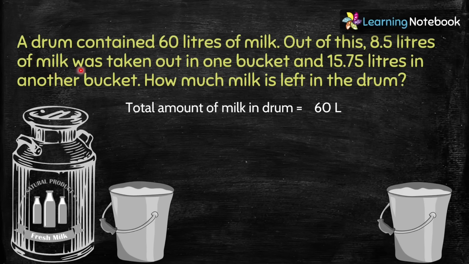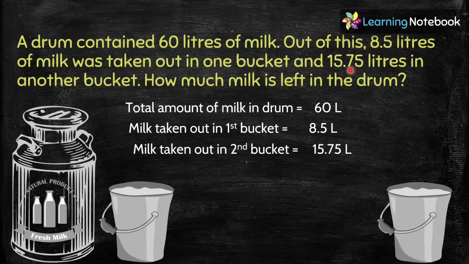Then milk taken out in first bucket equals 8.5 liters and milk taken out in second bucket equals 15.75 liters. So students, first we will find out how much milk was taken out. So for this we will add both 8.5 liters as well as 15.75 liters.